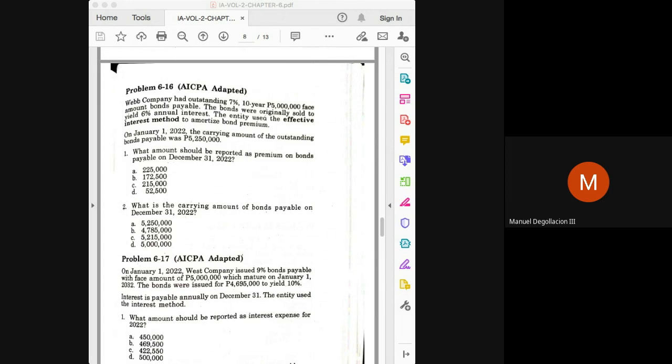So you will still be able to arrive at the same amount, which is 5,200,000. Okay, so I hope you're able to see the difference, and I hope you're able to visualize that a problem can be solved in two ways, whether you will be using the effective interest method or the straight line method.